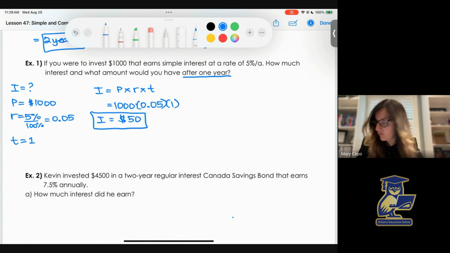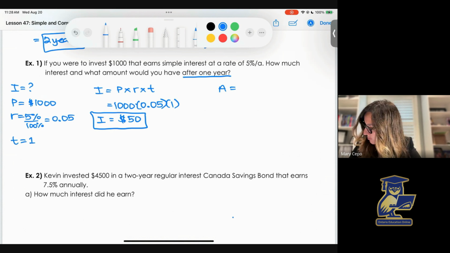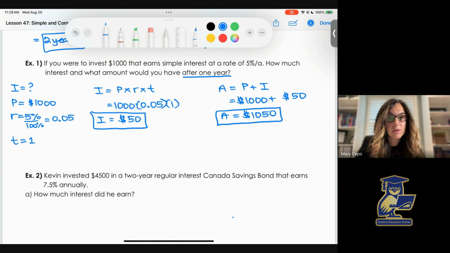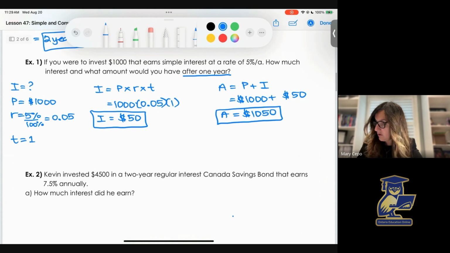The total amount, of course, is your principal plus your interest. So we invested $1,000 and made $50, so in total it's $1,050. Remember, these are word problems, so we do want to answer the question: how much interest and what amount would you have after 1 year?